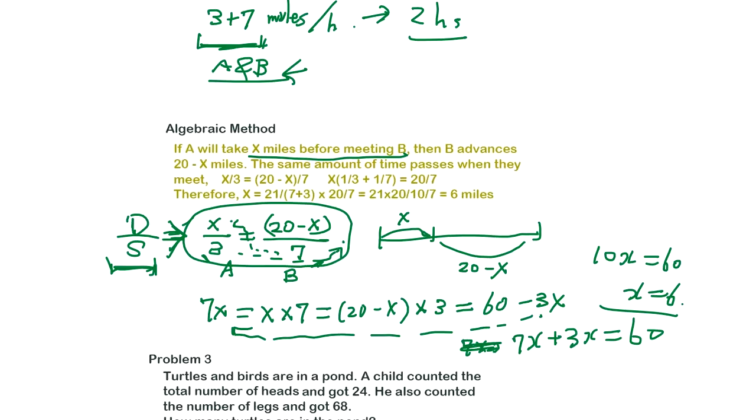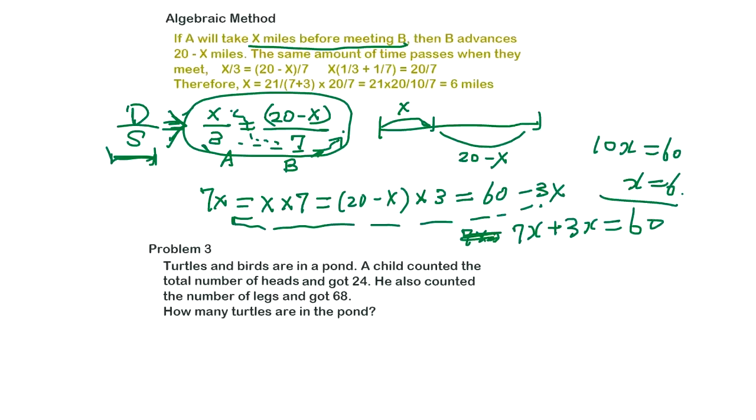But this one, you just stick to the basics and make an equation. So which is easier to solve this problem? With algebra or without algebra? Okay. You're not convinced yet? Fine. Let's look at the next problem.